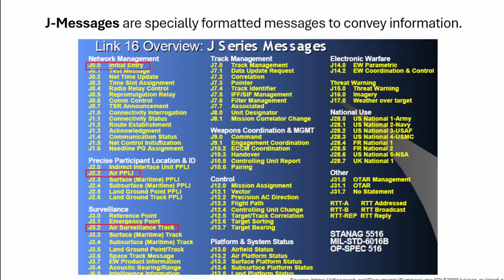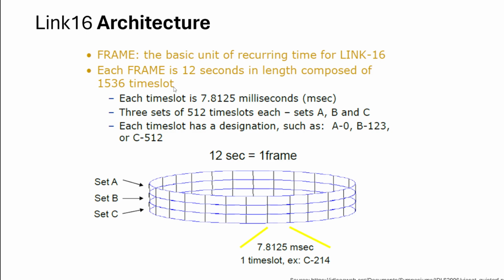So the thing is, the J series are based on time slots. These messages are sent by each one of the PPLIs, each one of the units joining Link 16, over so-called time slots. A time slot is a small, tiny portion of a frame. And a frame is the basic unit of recurring time for Link 16.